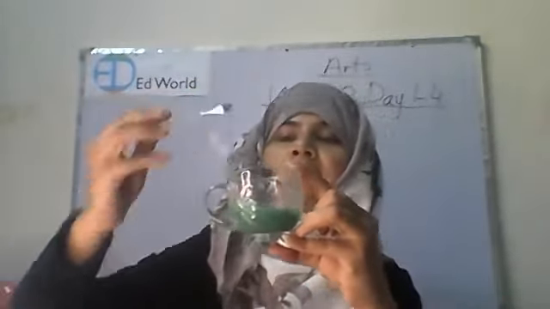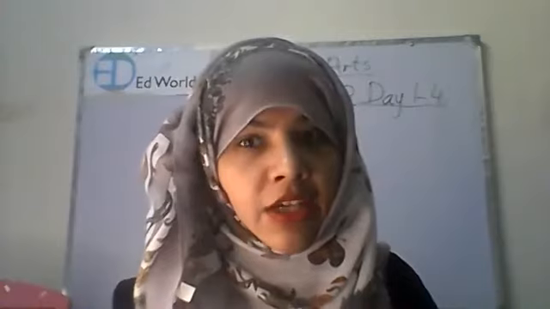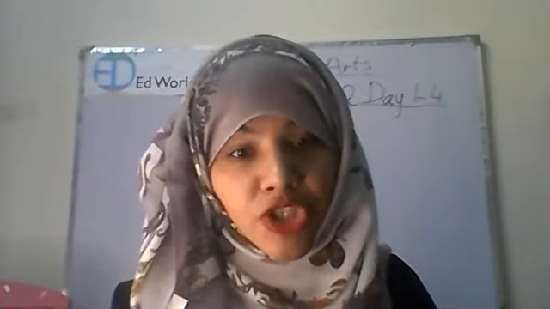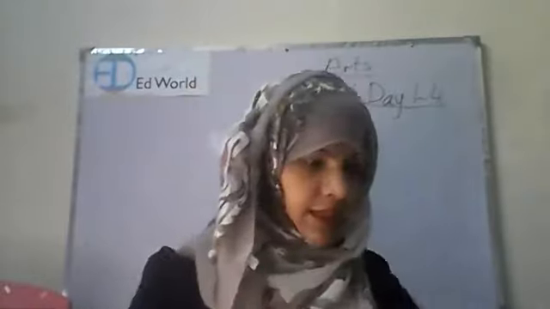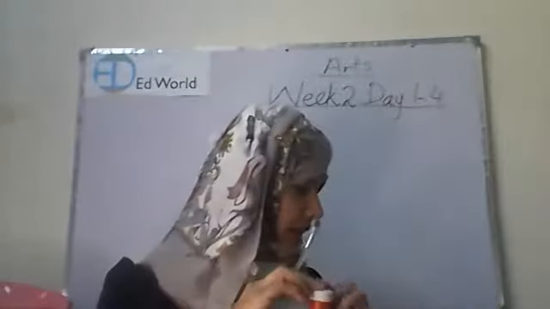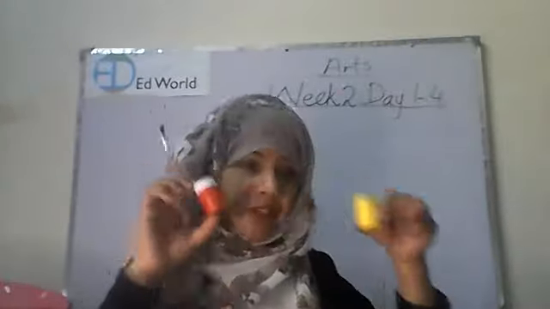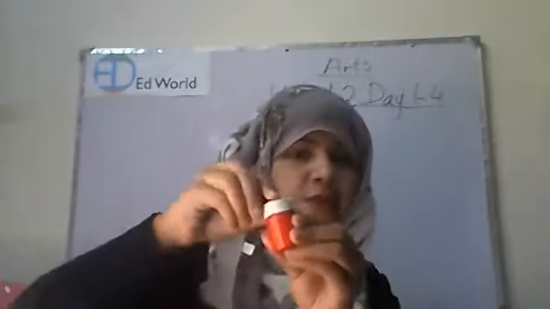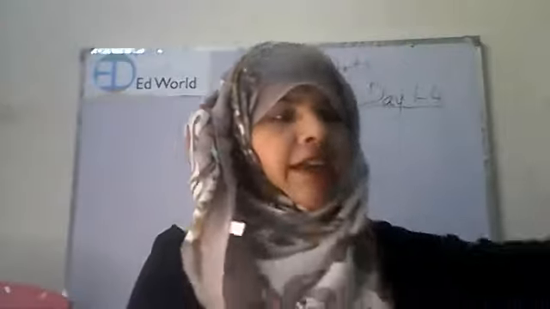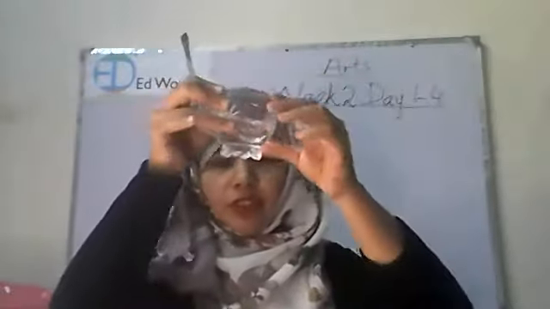Now I am going to do the next color, yellow plus red. Let me show you that. Here I am having red color in my hand. Yellow was already opened. Going to open this one, keeping it here. Took another cup of water, clean water.